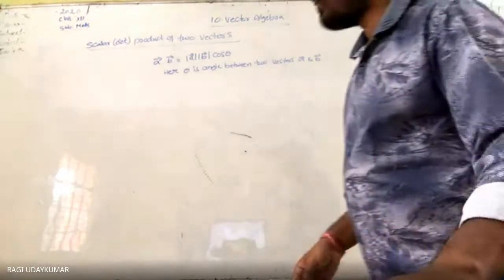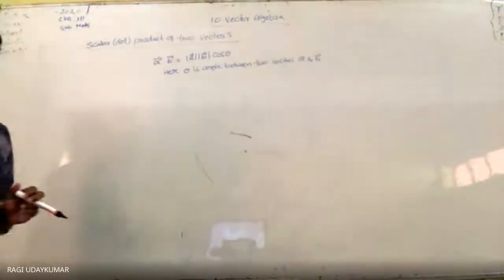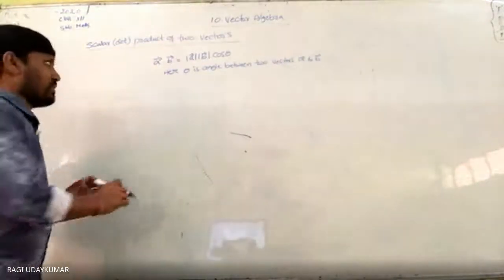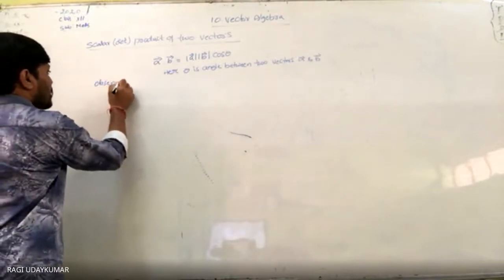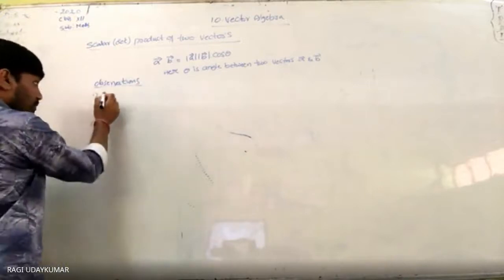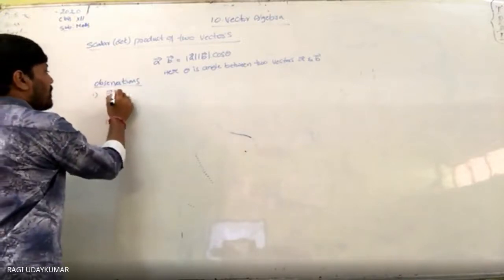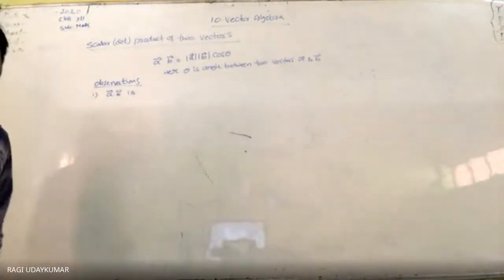Whenever you observe the dot product of any two vectors, these are the main points you have to observe here. The first one is A bar dot B bar is a real number. It is a scalar.